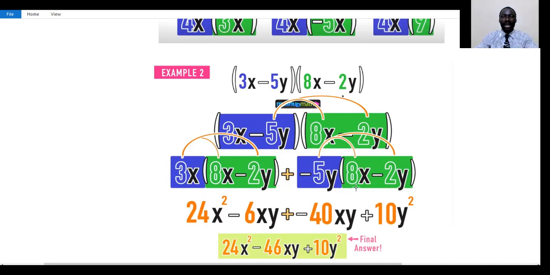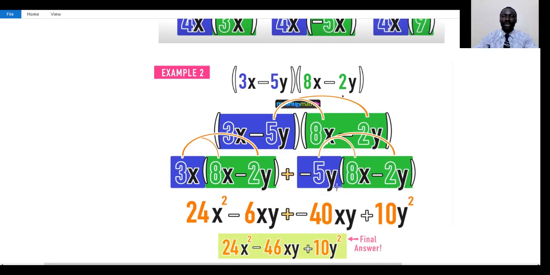Then, notice we have negative 5y that we have to multiply with 8x and negative 2y. We start by multiplying negative 5 by 8. Negative 5 times 8 is negative 40. Then we multiply negative 5 times negative 2, which is positive 10.